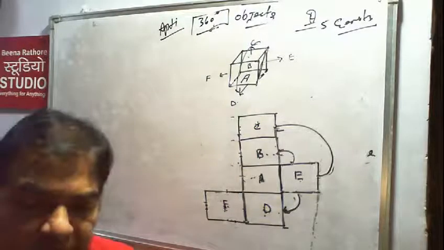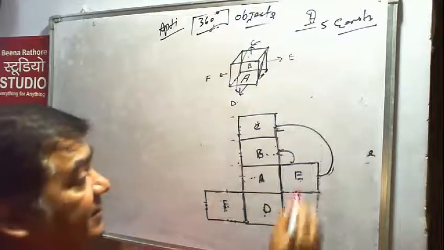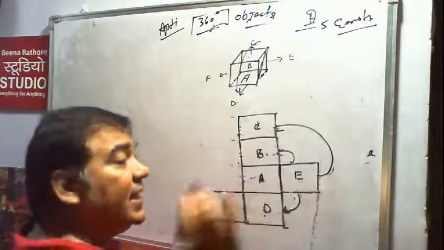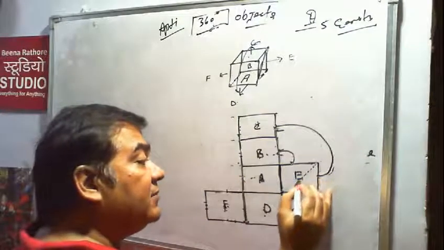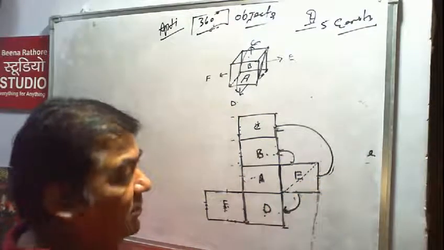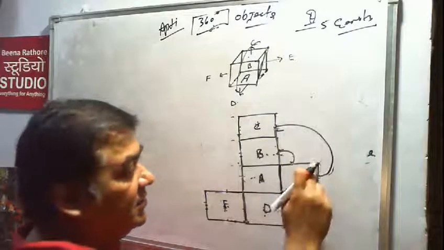So there are two options of placing the diagonal, this side or this side. Which one would be the right one?